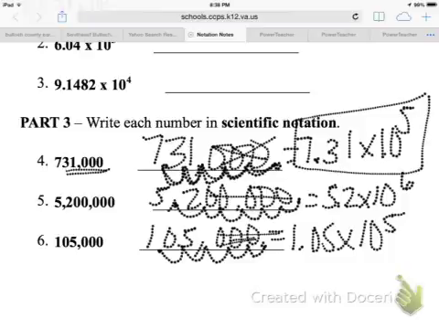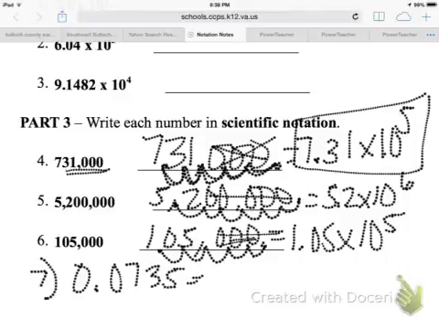And I'm going to do one that's negative, since there wasn't one in our examples. We'll go 0.0735. Now I actually have a decimal point. It's not at the end. I have to move where my decimal point is.